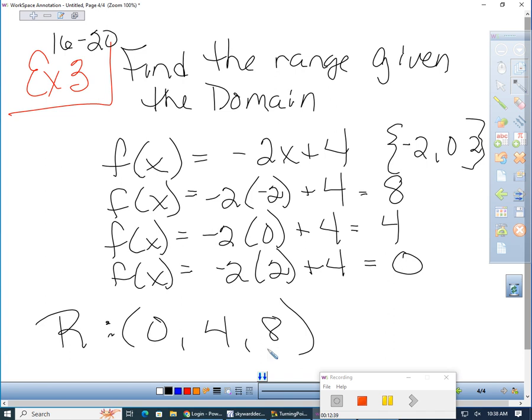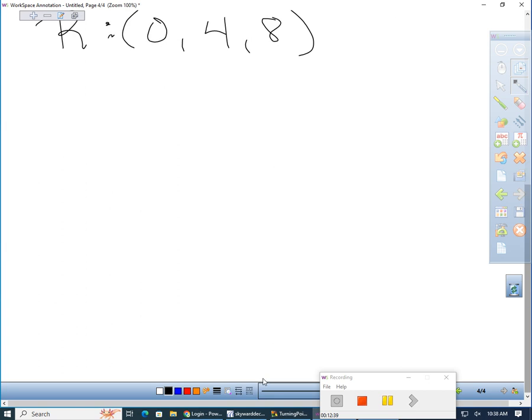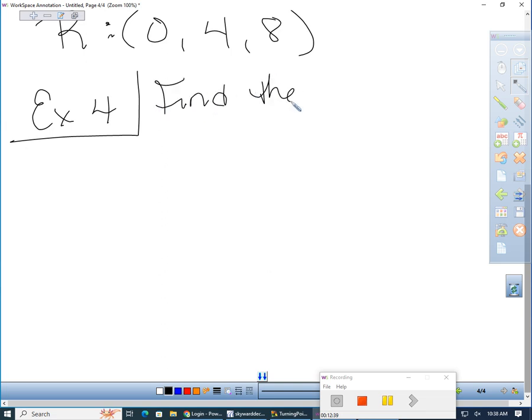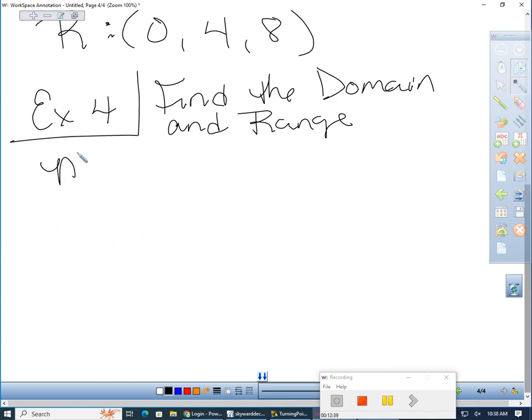All right, here's example number 4 then. Example 4. Find the domain and range. And you're going to get this little tiny story. My car gets 23 miles to the gallon.